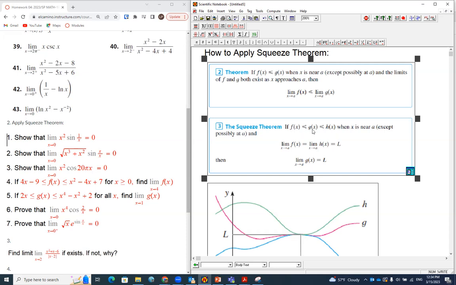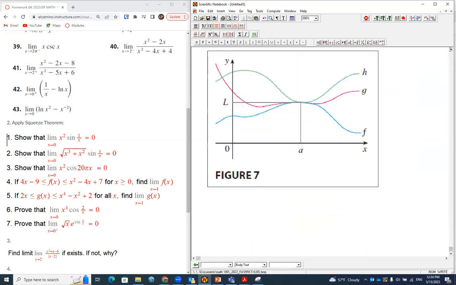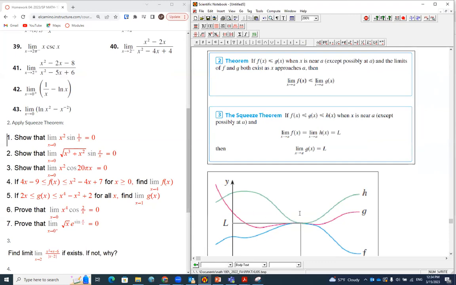F is lower than G, G is lower than H. But this is only happening in a small neighborhood of A, right? Like in this picture, the green is the H, G is the pink, and the blue is in the bottom.